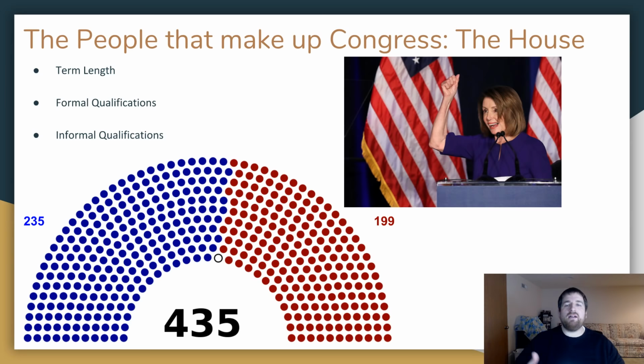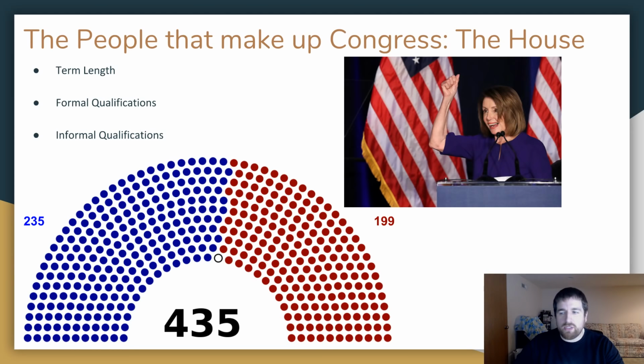In terms of qualifications to get into the House, there are both formal and informal qualifications. Formal are things that you absolutely must meet. Informal are things that are not required, but generally we see these types of qualifications or characteristics throughout most members of the House of Representatives.